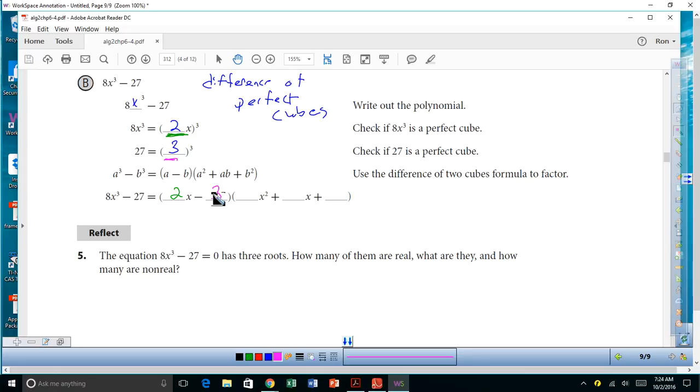And that's going to give you, well, 2x squared. That's going to be a squared. That will give you 4x squared plus a times b. That's going to be 2x times 3. That's going to give you 6x. And then b squared, that's going to be 3 squared, and that's going to give you 9.